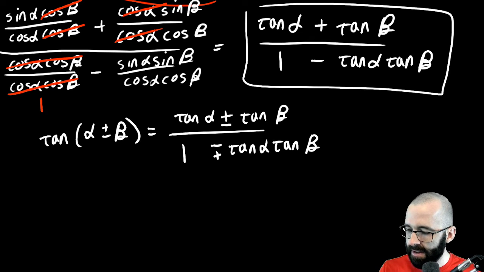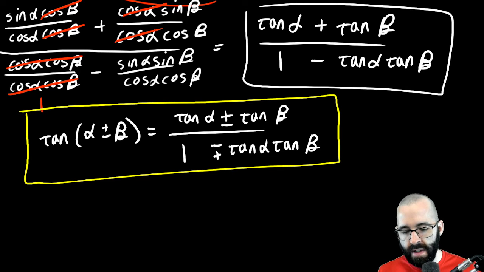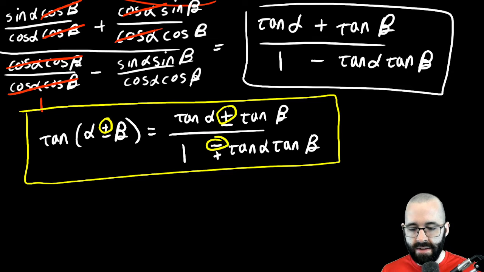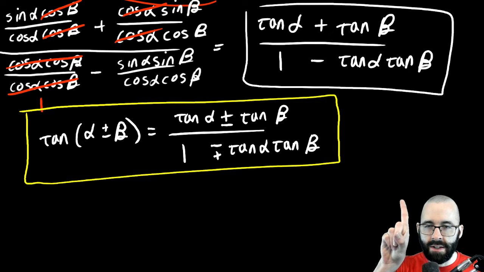Let me double check. Yep. Great. We add another gold box to our formula sheet. And again, if we have tangent of A plus B, we use all the things on the top. And you can see that that is exactly what we had over here. We're just combining two formulas into one.